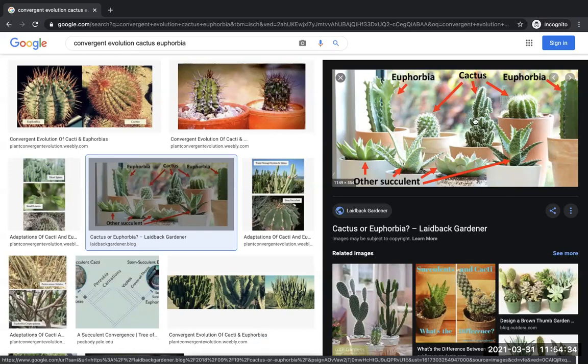These euphorbs also have a similar shape as cactus, but they are not found here in South America. They're found, I think, in Africa. So they are living in a different place, but they also live in desert. Therefore, they also have a similar shape as the cactus. So that's another example of convergent evolution.